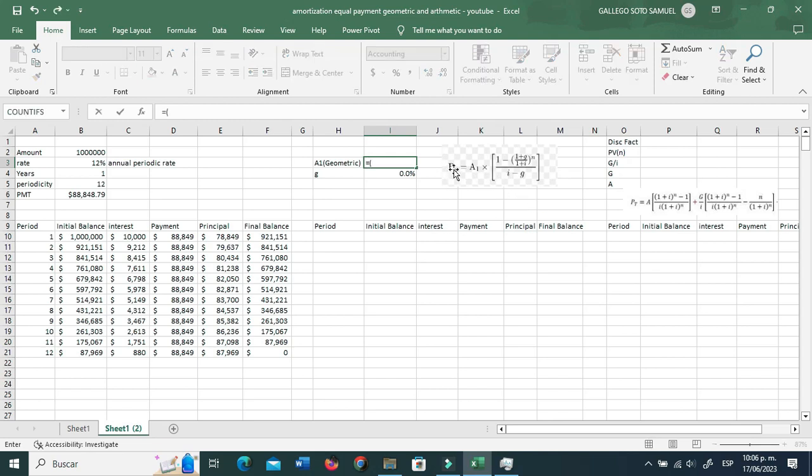Okay, so the present value, that's going to be your payment, and then you're going to be multiplying this by your interest rate divided by the periodicity minus the growth rate, right? And then we divide that by 1 minus, and then we open 2 parentheses here, 1 plus G, right, divided by 1 plus I, which is 12% divided by 12.